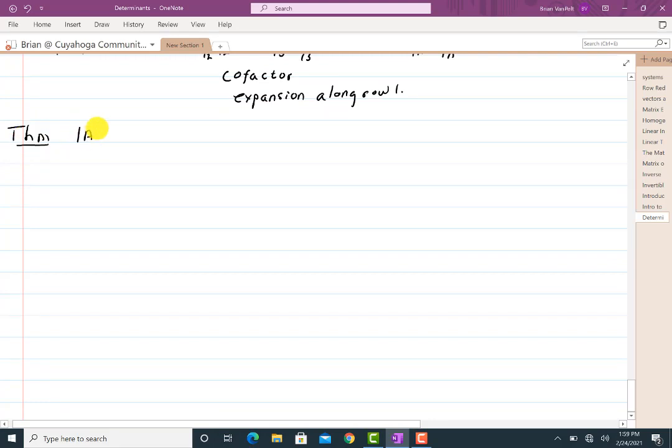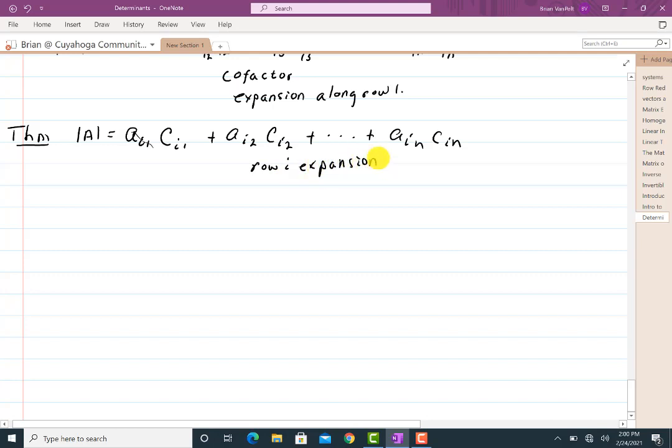The determinant of a matrix I can write like this: Ai1 Ci1 plus Ai2 Ci2 plus dot dot dot plus Ain Cin. So what you're doing here is you're going across row i. So this says that I can actually do the expansion across any row.